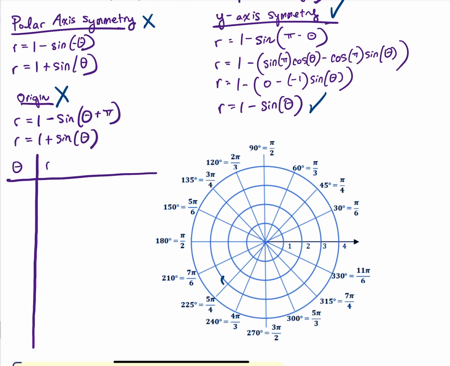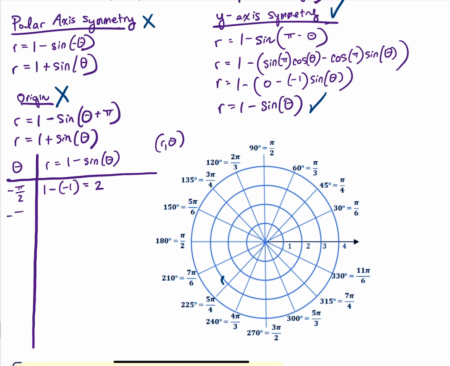So let's remember that r is equal to 1 minus the sine of theta. So let's start at negative pi over 2. Well, that would be 1 minus the sine of negative pi over 2, which is negative 1. So 1 plus 1, that will equal 2. So we should have the point 2 comma negative pi over 2 in terms of r theta points. So let's just build up a bunch of points and then we'll start to plot them on here.